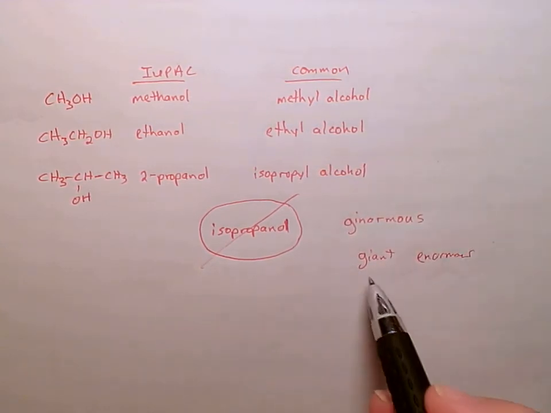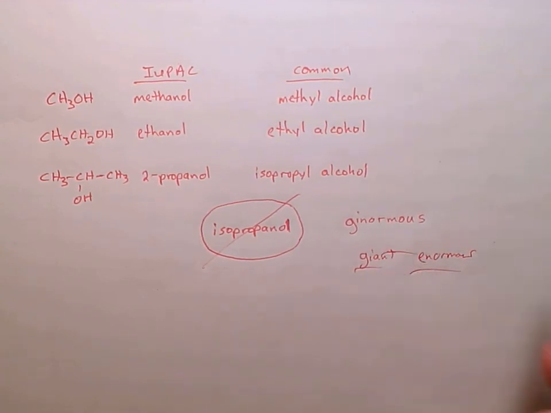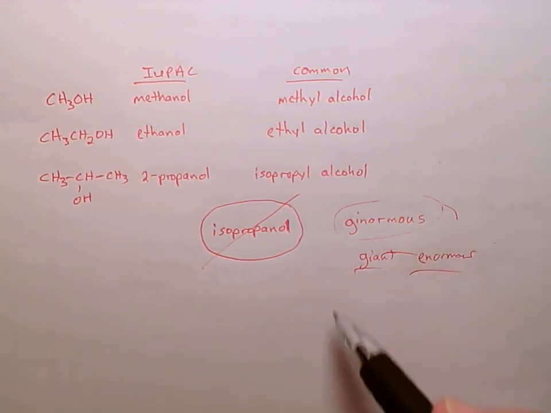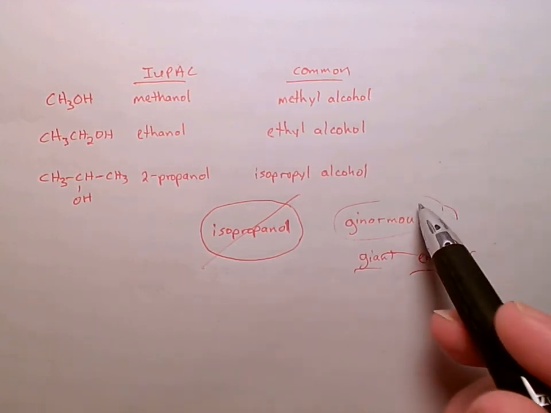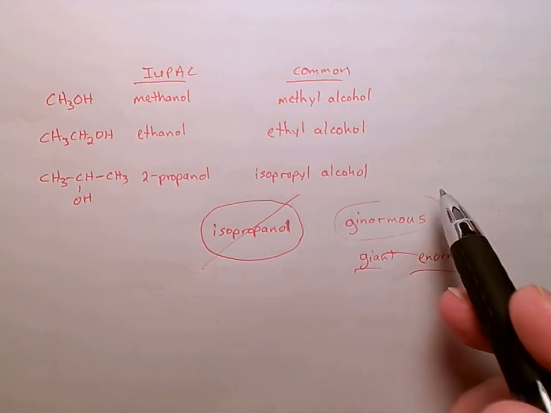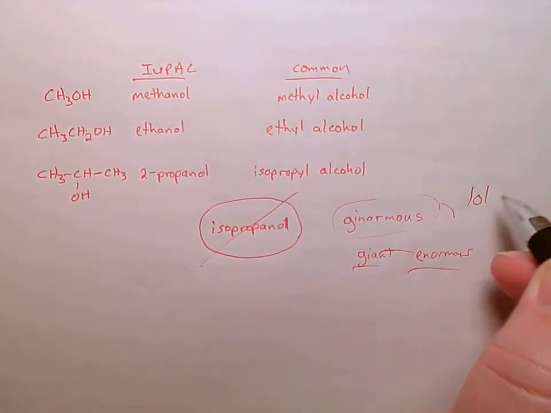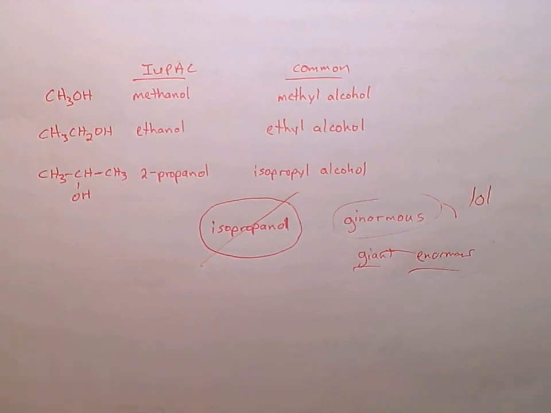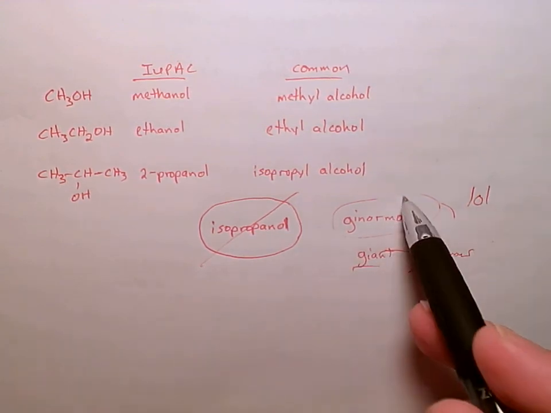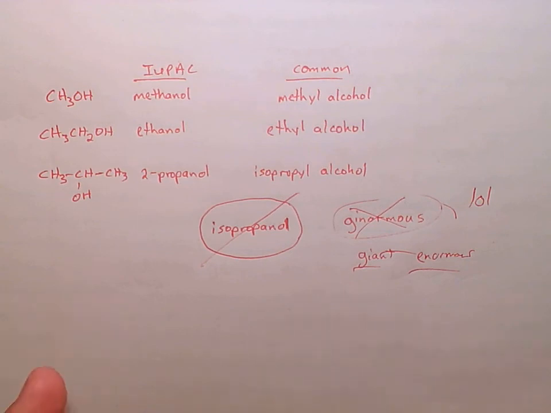So they took two words, giant and enormous, and combined them to make ginormous. But I don't think Shakespeare was much into ginormous. It's not a word that you would use in normal conversation. It's in casual conversation with your friends. Should be followed by an LOL or something like that. Yeah, it's ginormous. It's not real, just as isopropanol is not.